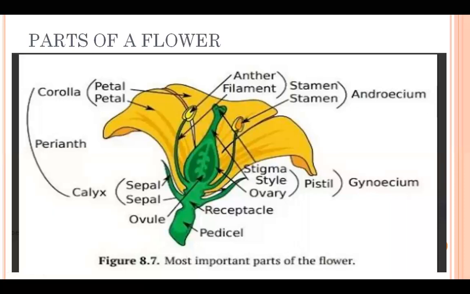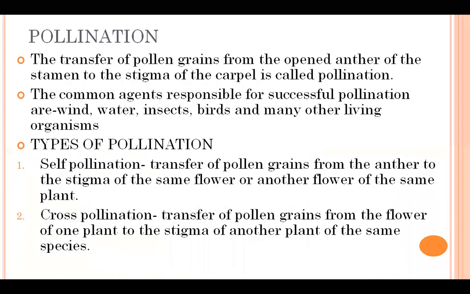First of all, the very first step in sexual reproduction in plants is pollination. I told you what is pollination. Pollination is the transfer of pollen grains from the anther to the stigma of the same flower or another flower. So there are two types of pollination, self-pollination and cross-pollination.